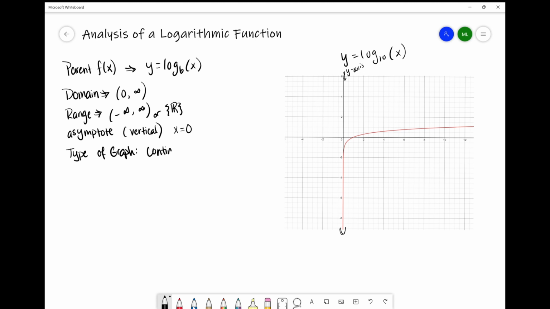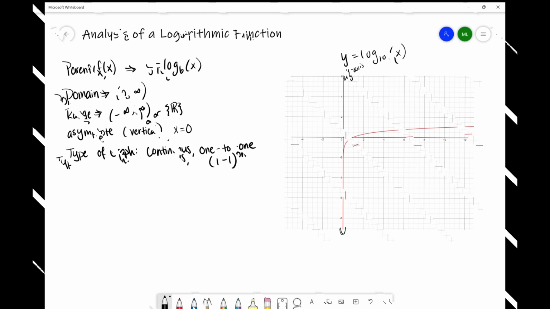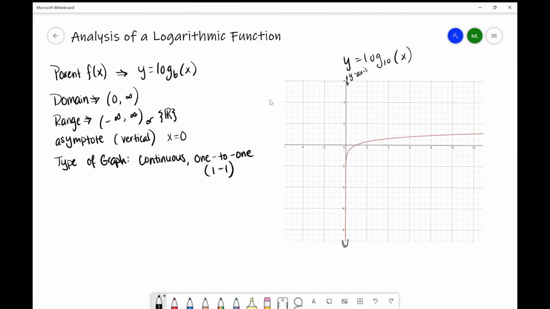For every point in our domain, we have a range value, so this is one-to-one. In notation, we write it as 1 to 1. This log instance, log base 10, is the case where our b value is greater than 1, and in this instance, b is equal to 10.